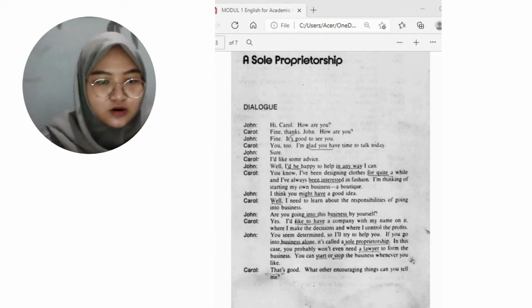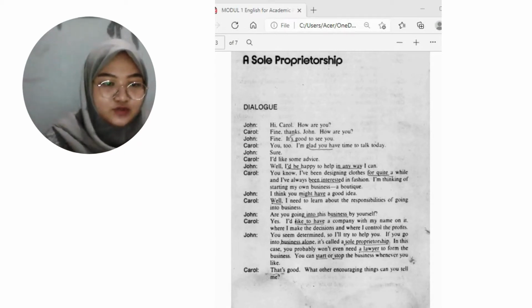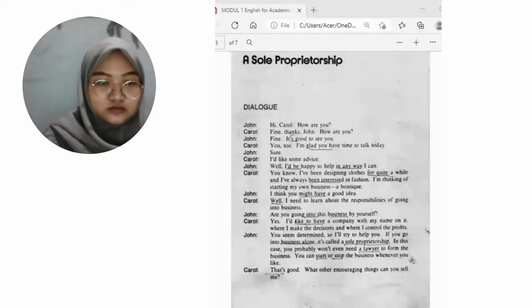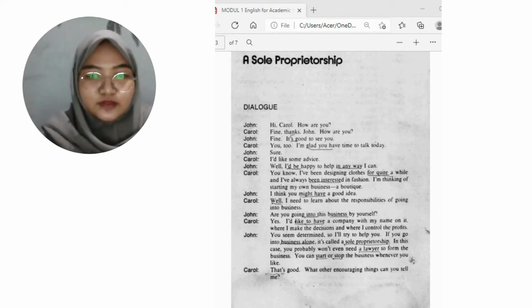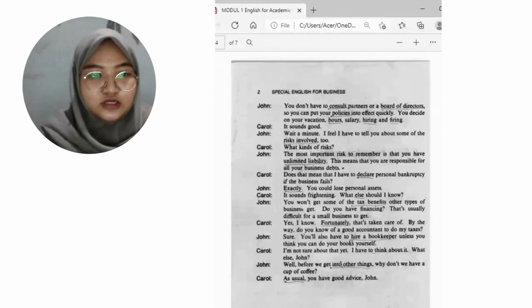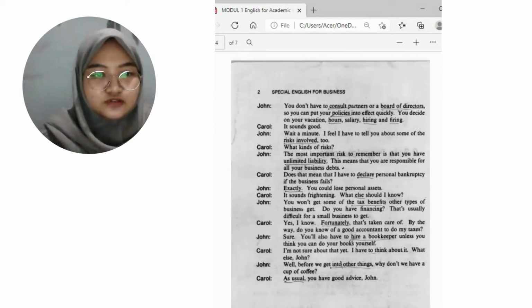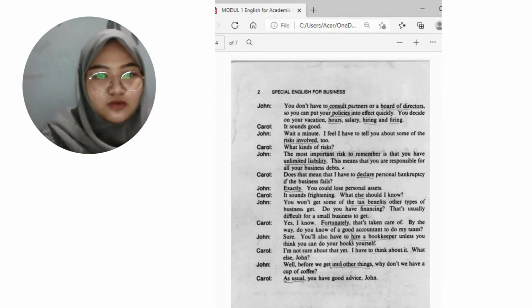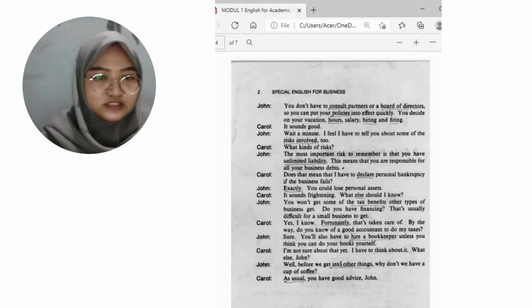You can start or stop the business whenever you like. Carol: Okay, well, that's good. What other encouraging things can you tell me? John: You don't have to consult a partner or a board of directors, so you can put your policy into effect quickly. You decide on your vacation hours, salary, hiring, and firing.